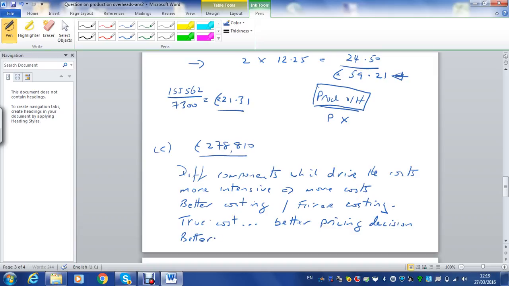So better decisions made by splitting out the costs based on how the costs are put together. And that's really points. See, there's lots of little points you can put there, but again, it's only for, I think, 5 marks, and hopefully that'll help answering that question.